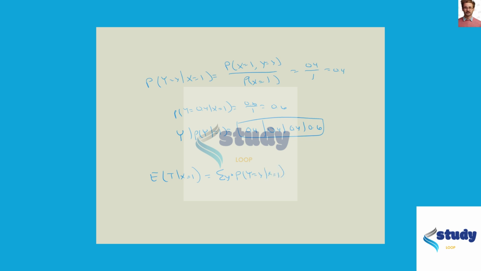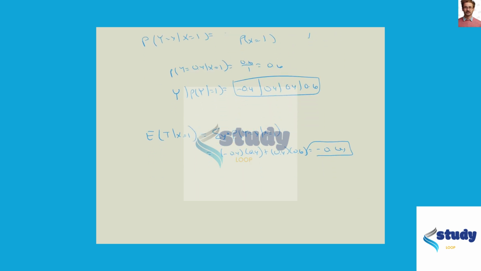And so using the conditional probability distribution of y given that x equals 1 that we just found in step 1, we can calculate this as negative 0.4 times 0.4 plus 0.4 times 0.6, which is negative 0.04.